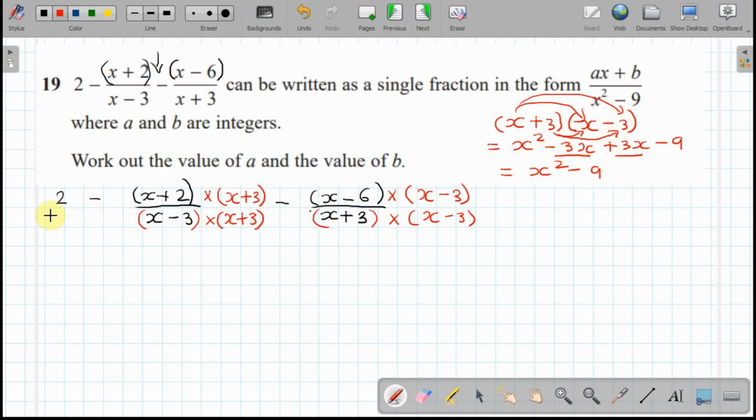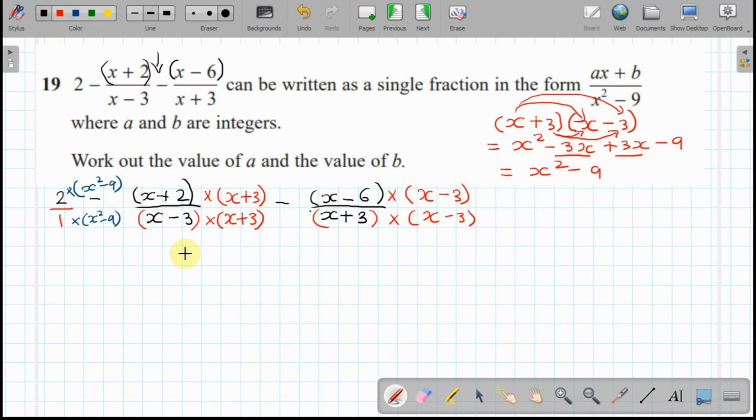So what I'm going to do is write 2 over 1 as a fraction. I'll multiply this fraction, top and bottom, by x squared minus 9 instead of x plus 3 and x minus 3, because I've already expanded it.